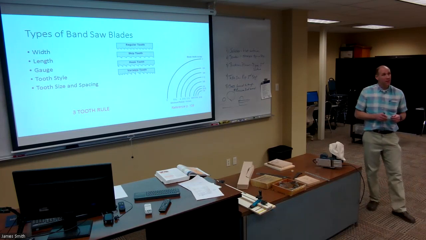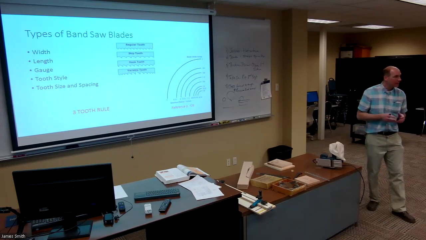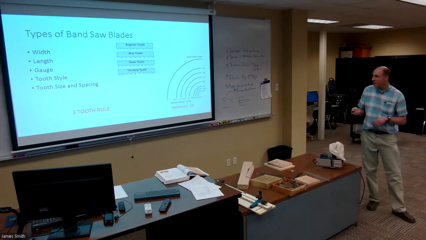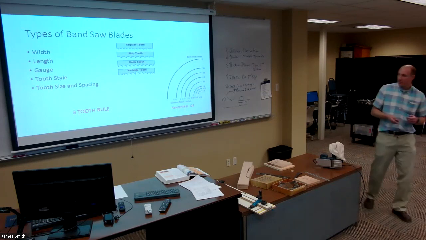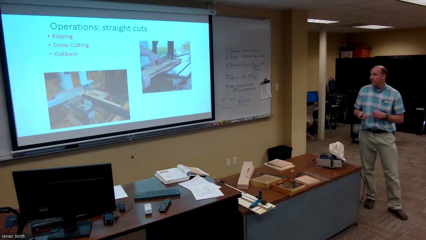You create a lot of fatigue stress on the blade if you try to cut a curve that's too sharp with a radius. With a 1/4 inch blade, we're only able to cut about a 5/8 inch radius, but that's good enough for most of the time. Okay, you can use bandsaws for ripping.